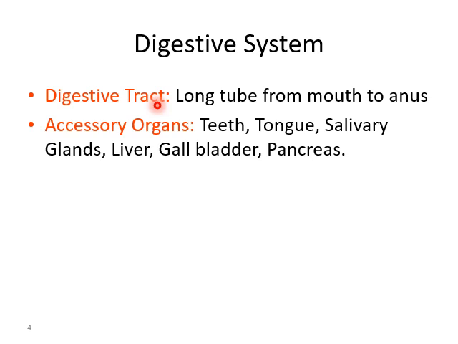So digestive tract is a long tube, you can say, from mouth to anus, and then you have these accessory organs which include teeth, tongue, salivary glands, liver, gallbladder, pancreas, which all aid in the functions of the alimentary tract.